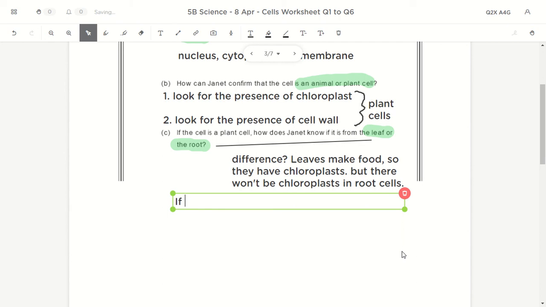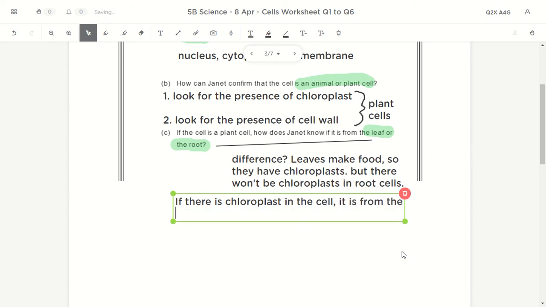If there is chloroplast in the cell, it is from the leaves. Right, and if there's no chloroplast, it might be from the roots.